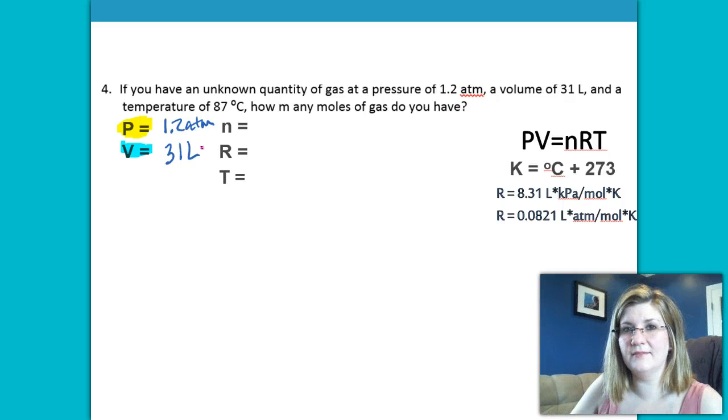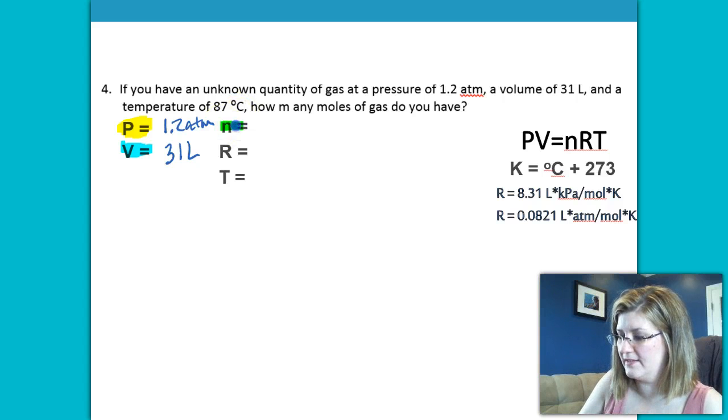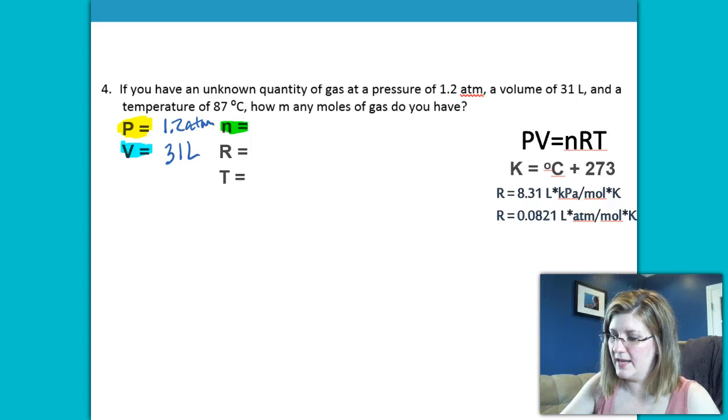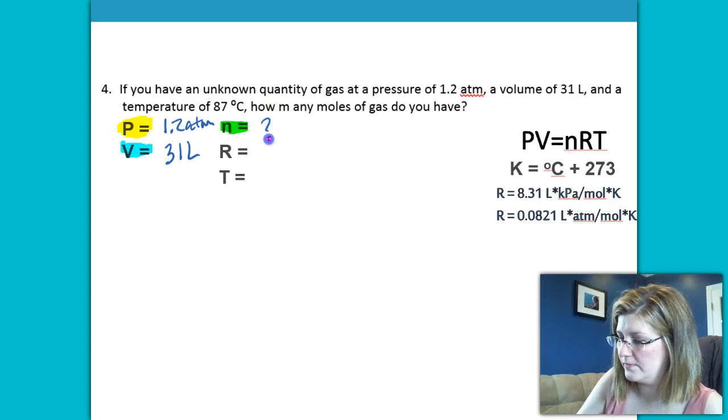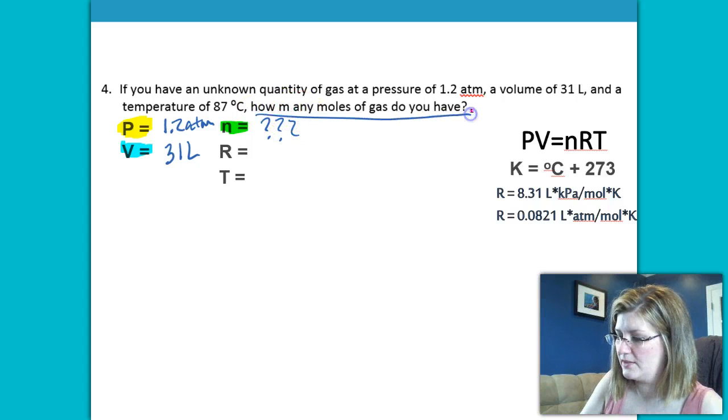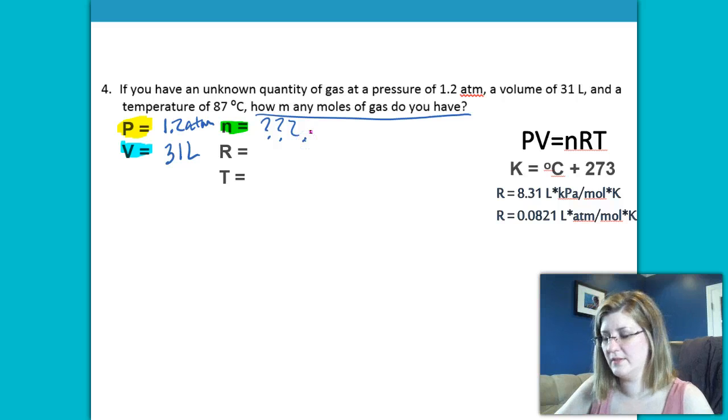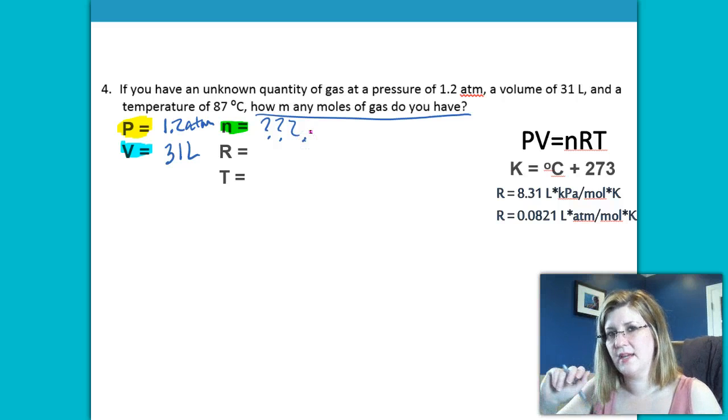What is N? N's the next variable on our list, and it is equal to unknown. We don't know it. The question says, in fact, how many moles of gas do you have? Let's skip R for 1 second and go to T.